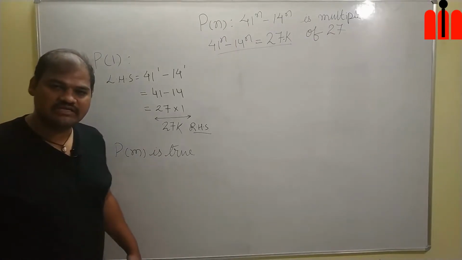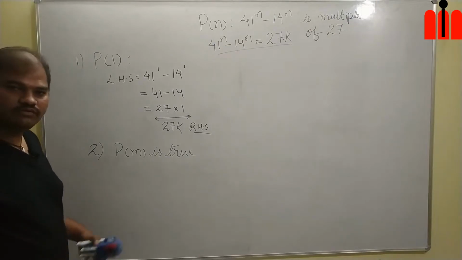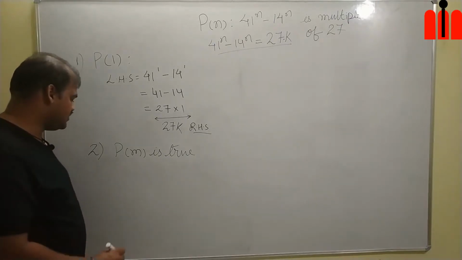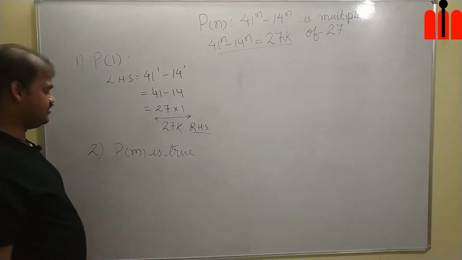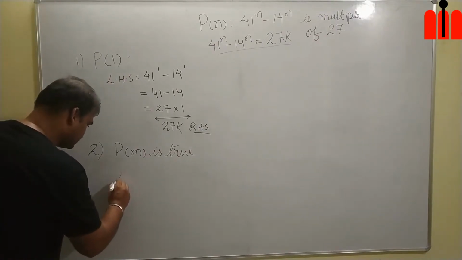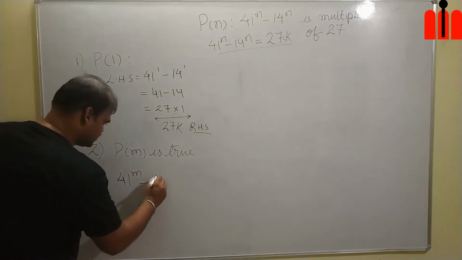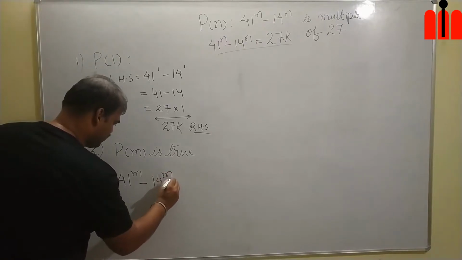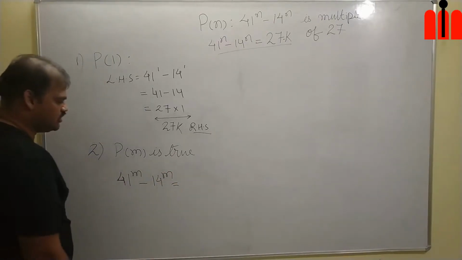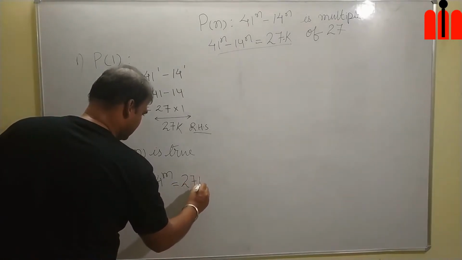Now what is the outcome of this assumption? The outcome is a concrete statement. How will that concrete statement look? It is 41 to the power of m minus 14 to the power of m is equal to 27k.